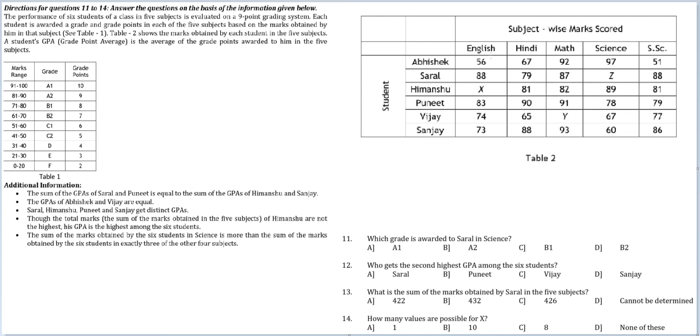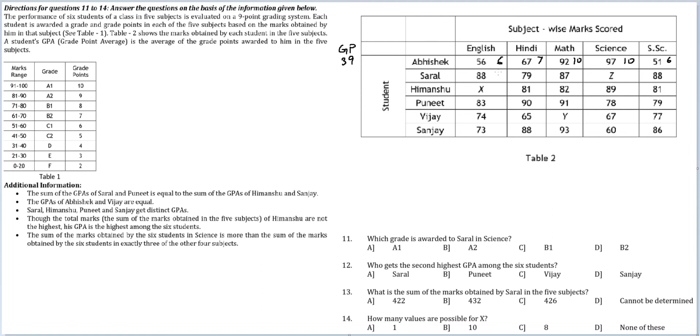So 50 to 61, so this is 6, so this should be 7, this is 10, this is 10, and this is 51, so this should be 6 again. Okay, so the grade points total for Abhishek is 6 plus 7 is 13, 13 plus 6 is 19, 19 plus 20 is 39. This is final for Abhishek.